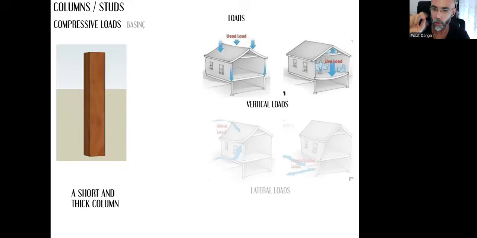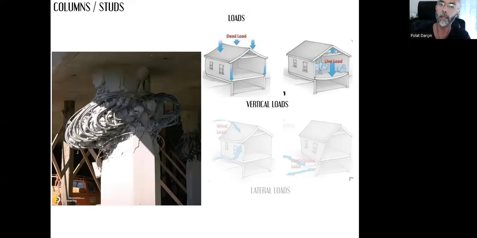If we have a short and thick column, and if we apply compressive loads over it, there is a safety limit. If we keep applying more and more loads over this short and thick column, and if we exceed the limit, the compressive stress will cause the column to be deformed.